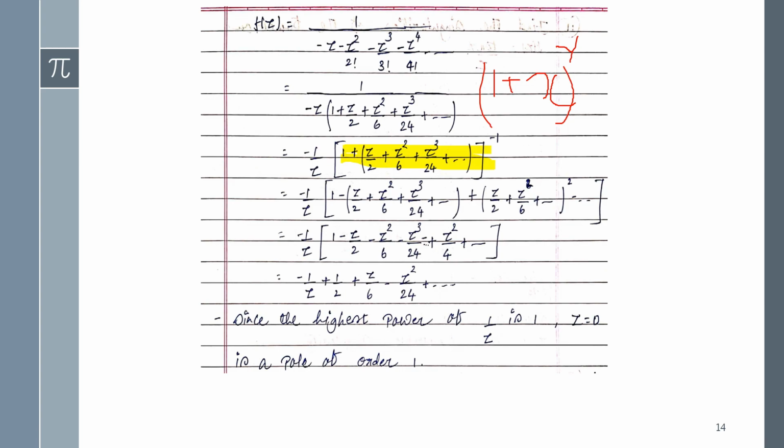By using the binomial expansion and simplifying, you may find this series. In this you have to find the highest power of 1 upon z. You can see that in the form of 1 upon z there is only one term here, having power 1, so it will be a pole of order 1.